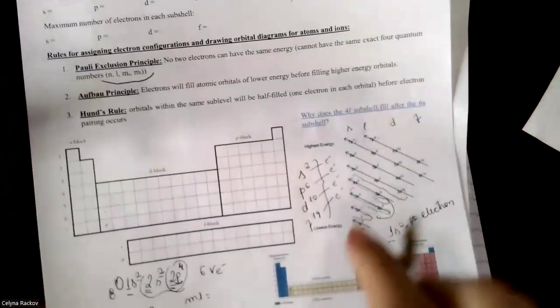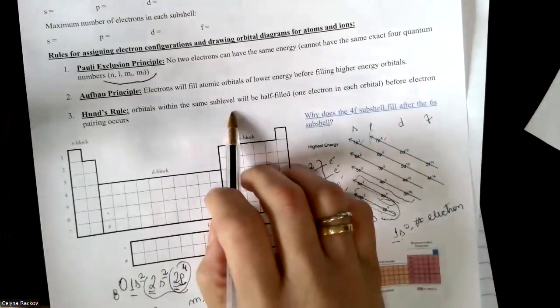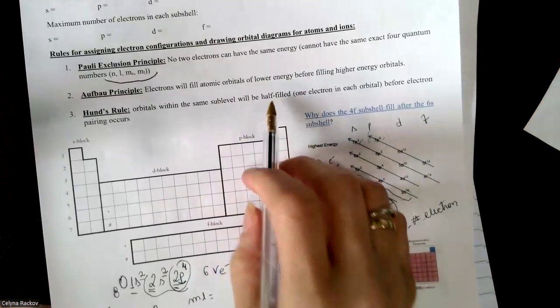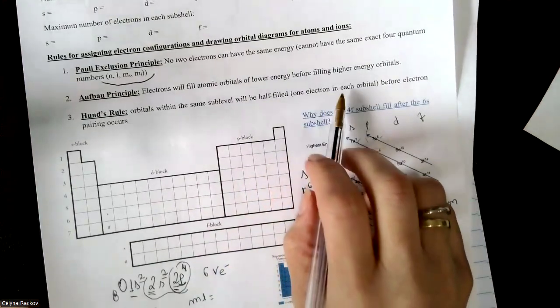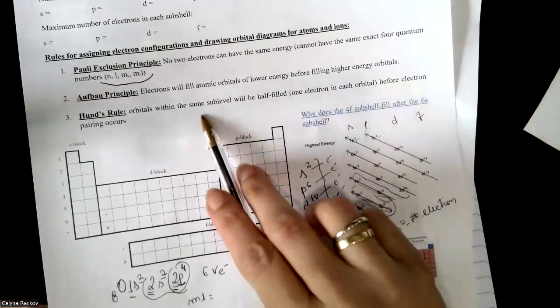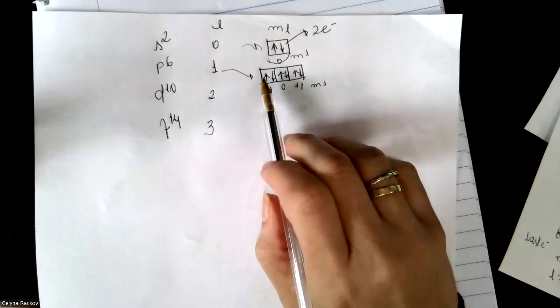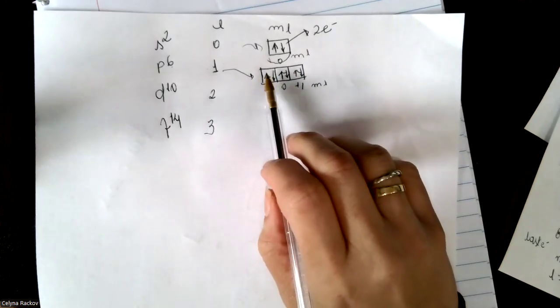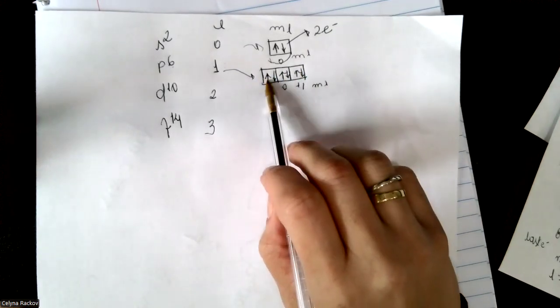That is Hund's rule. Orbitals in the same sublevel will be half filled, meaning one electron in each orbital first before the electrons are paired. So first, I write individually arrows up here, up, up, up, and then down, down, down.